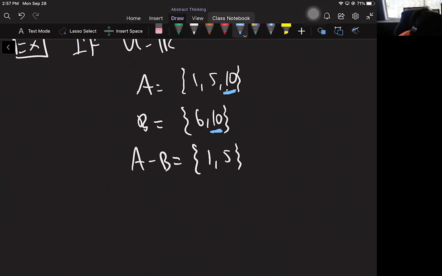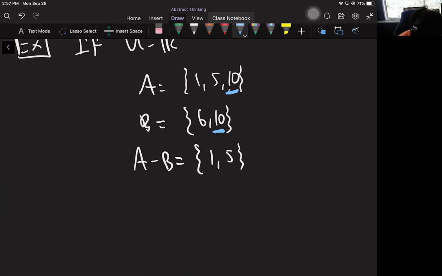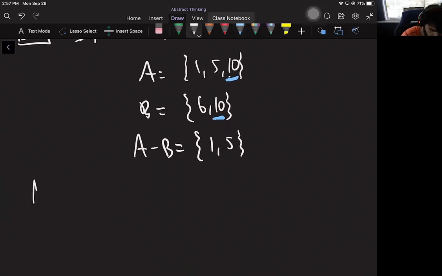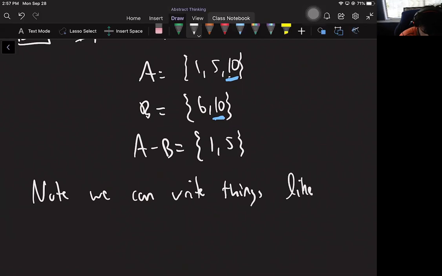And what else? So then the complement symbol you can use sort of differently if you want. So you can write things like A complement.